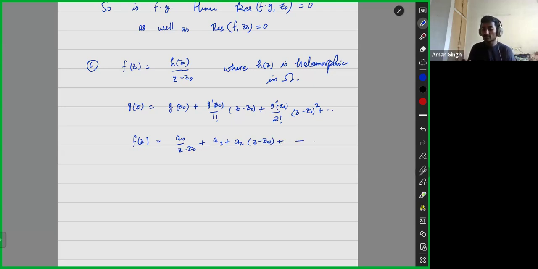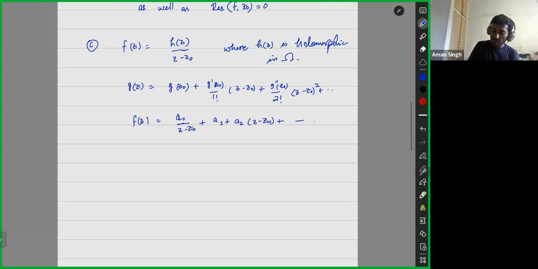Because it has a simple pole, there will be one negative term in the Laurent expansion. We don't know the coefficients a naught, a1, a2, but we are writing them. Now what happens to f into g? Two formal power series can be multiplied.